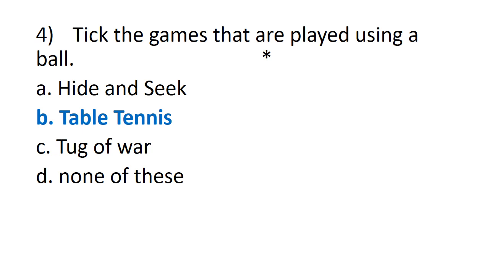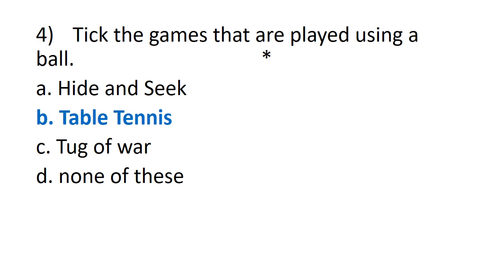The next question we have is, pick the games that are played using a ball. Now we have the options hide and seek. So when we play hide and seek, we do not require a ball. So this is not the right answer. Option B is table tennis.